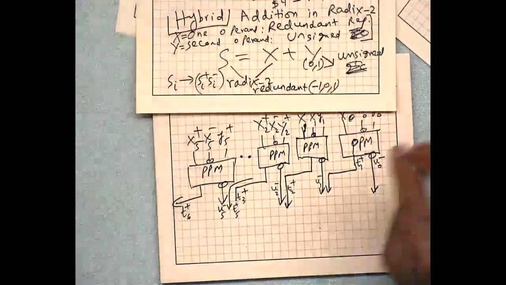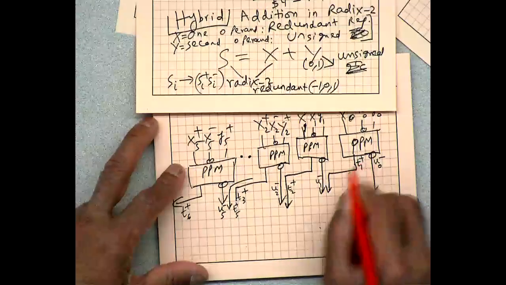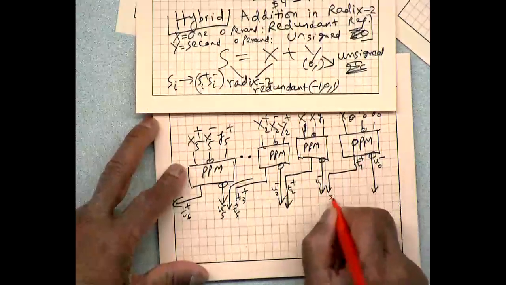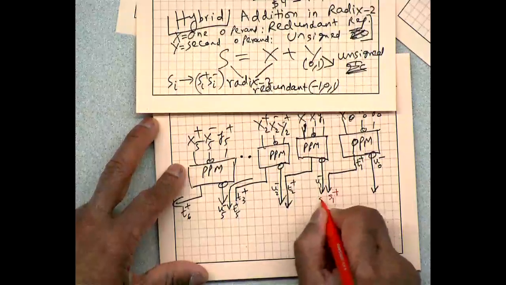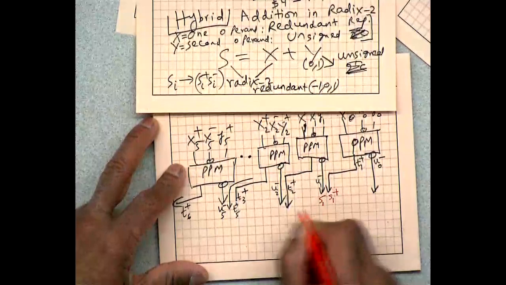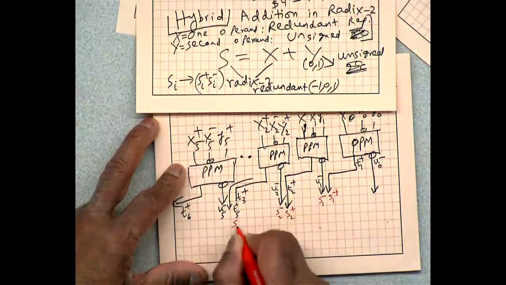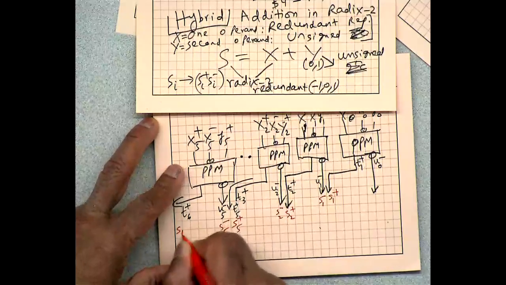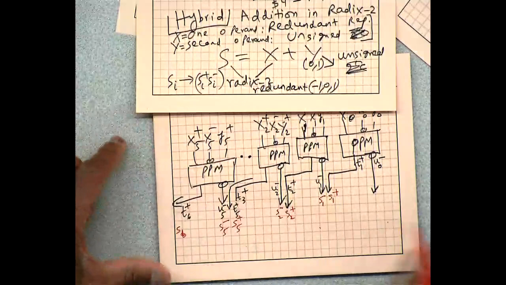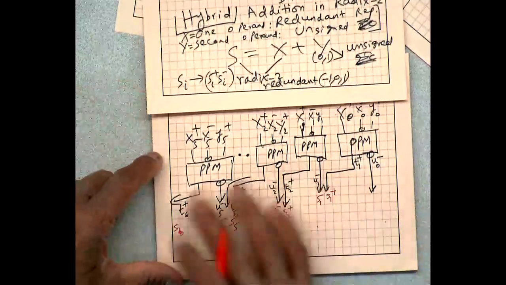So this is the positively weighted bit, we will call this S1 plus. This is the negatively weighted bit, we will call this S1 minus. S2 plus, S2 minus, similarly S5 plus, S5 minus, and there is finally an S6 that either could be thrown away or could be kept, so the word length will increase.